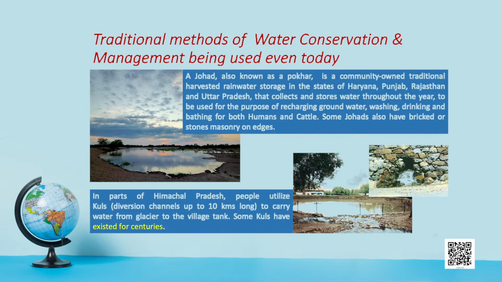Some johads also have bricked or stone masonry on the edges. In parts of Himachal Pradesh, people utilize kulls, diversion channels up to 10 kilometers long, to carry water from glaciers to the village tank. Some kulls have existed for centuries.